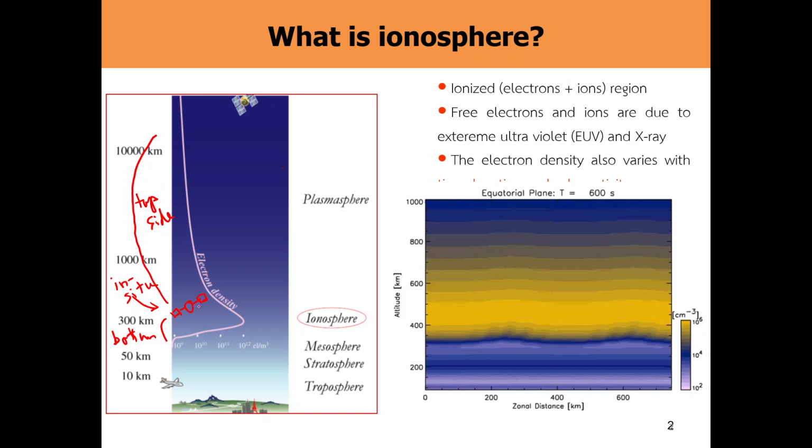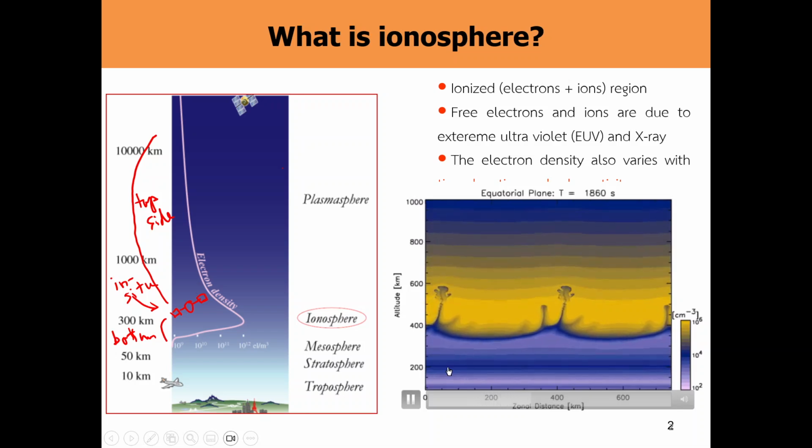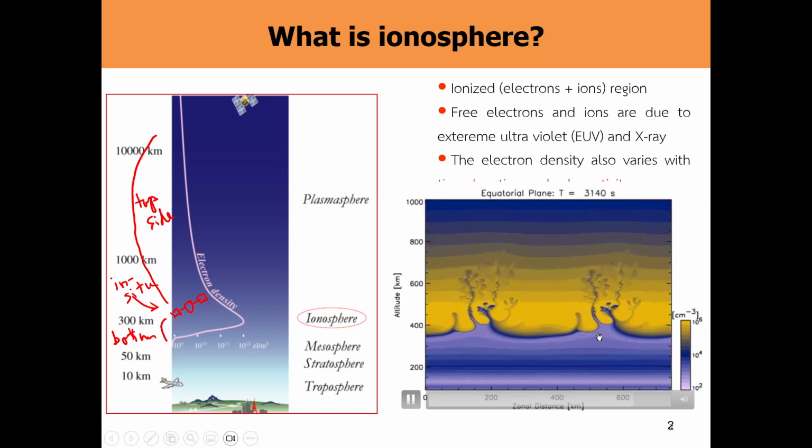But of course, this type of curve, which is called the electron density profile, just moves up and down, and it's very dynamic. During daytime and nighttime, they are not the same. And from the side view, there is this electron density, and sometimes there are some disturbances that occur.